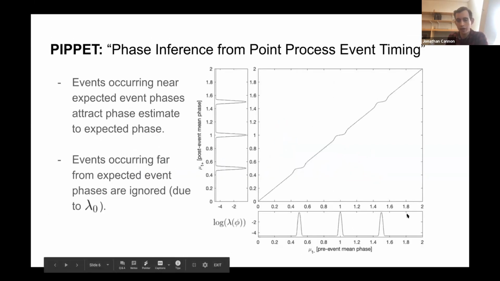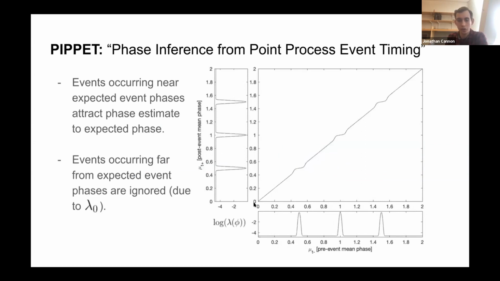Well, here we've got a graph that has on the x-axis the phase at which an event occurs, and on the y-axis the updated phase estimate after that event occurs. And so these little plateaus here show that if an event occurs close to an expected event time, then the phase is corrected to be even closer to the mean of that time.